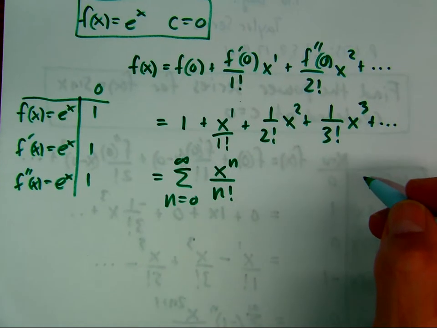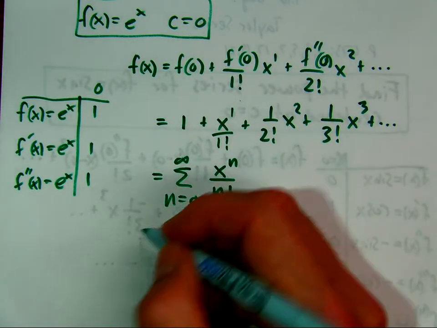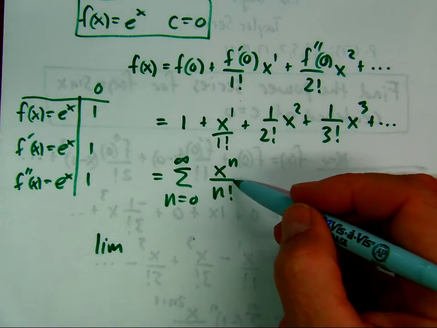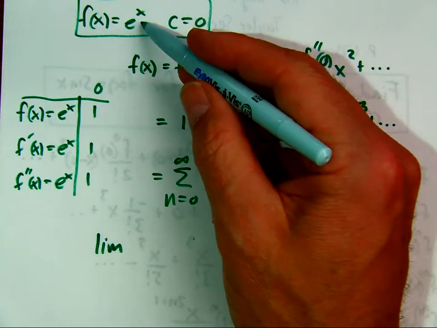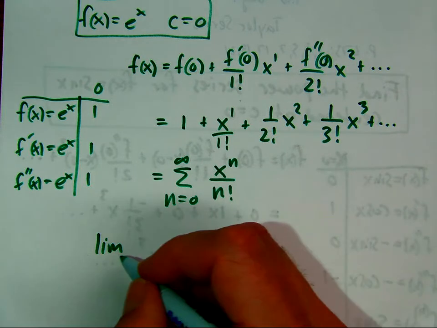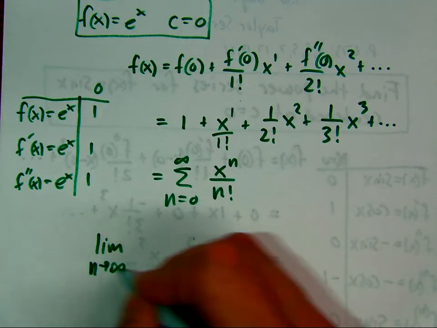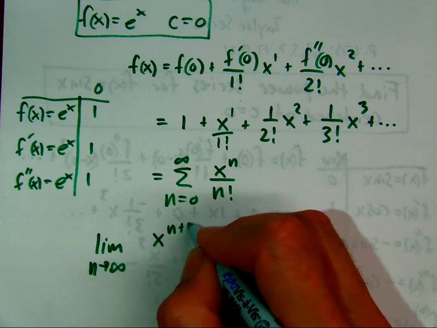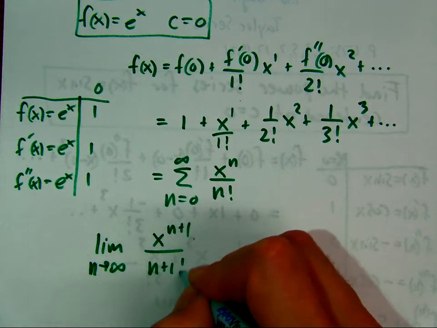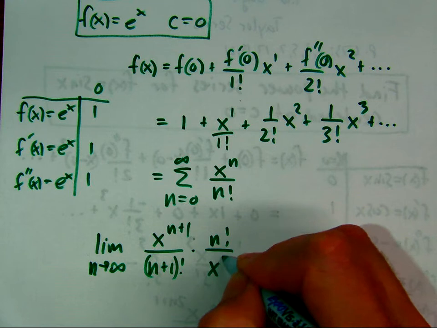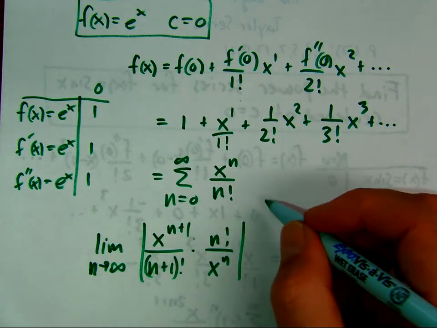And if we do the ratio test, we'll find out when it converges. When does the series converge to the function value? For which x's will that happen? And we have x to the n plus 1 over n plus 1 factorial, times n factorial over x to the n.